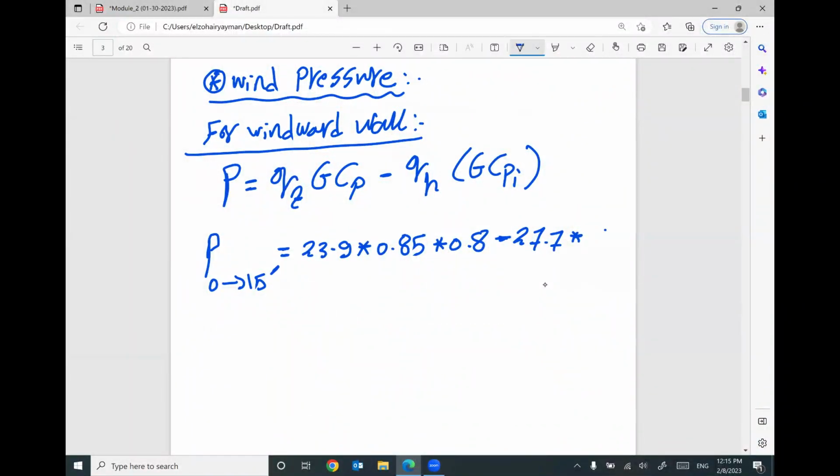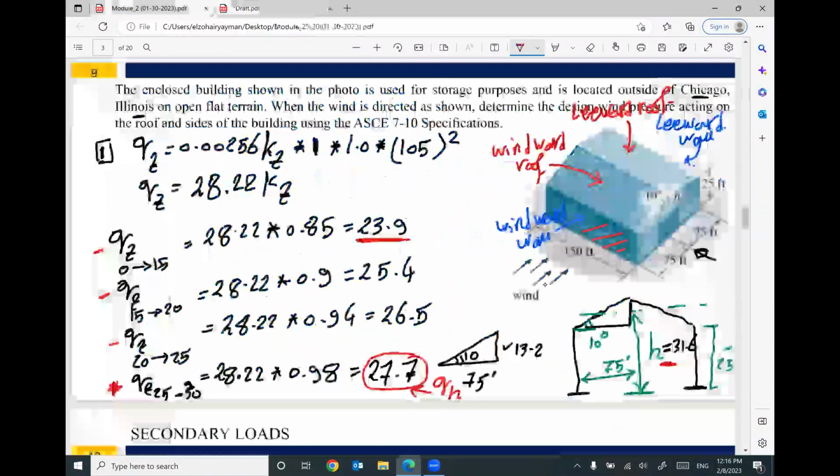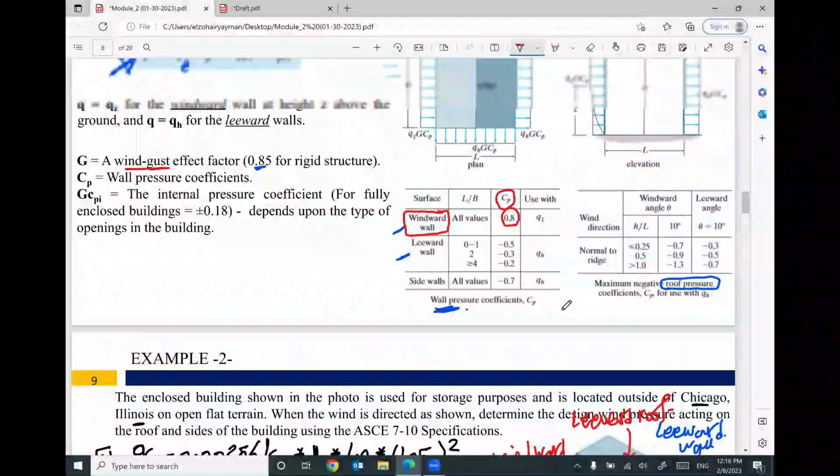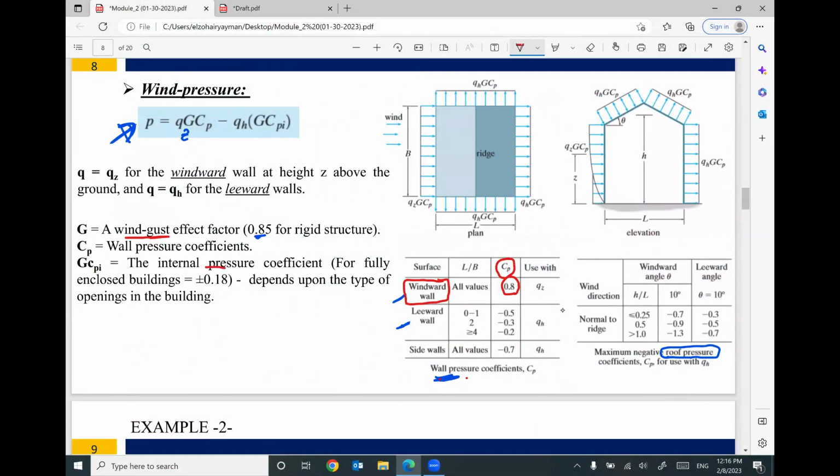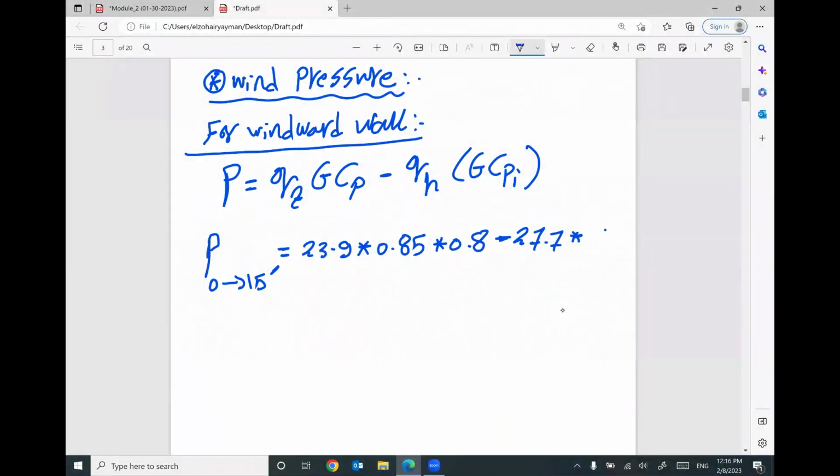Times the value of GCPI, which is given here. It's a constant value equal plus or minus 0.18. Which value am I gonna use? The value that will give you the higher value.